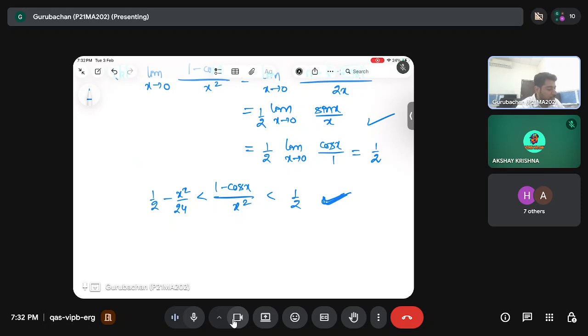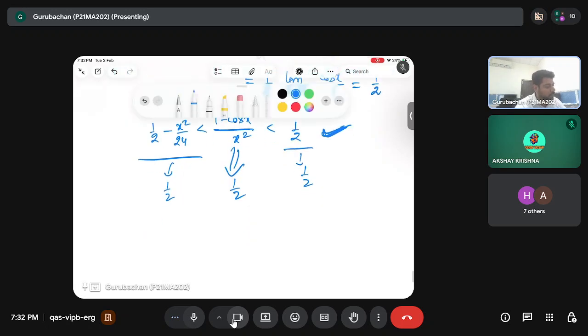So by squeeze theorem this limit goes to half, 1 by 2. So it will imply this will also go to half. Clear? Now you understood why sin x by x is 1 at limit 0. Now do this one.